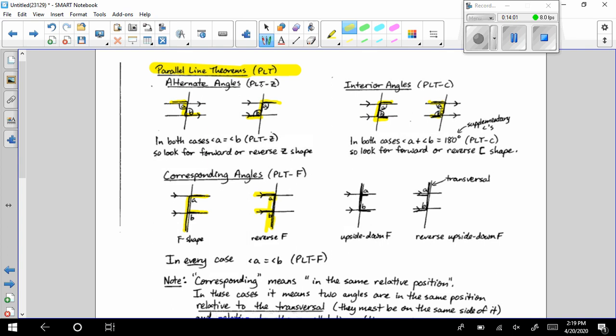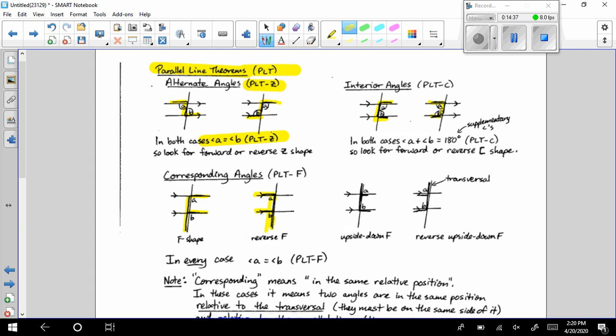The angles could be alternate angles. And in grade 9, we use the acronym PLT-Z because we want you to identify the shape. Notice that I've got a Z indicated here and a backwards Z here, or a dyslexic Z if you like. In both cases, angle A and angle B are equal to each other, whether you find the regular or normal Z or the one that's flipped around.